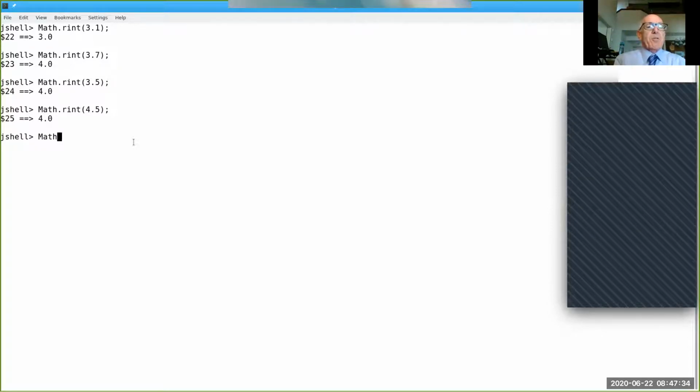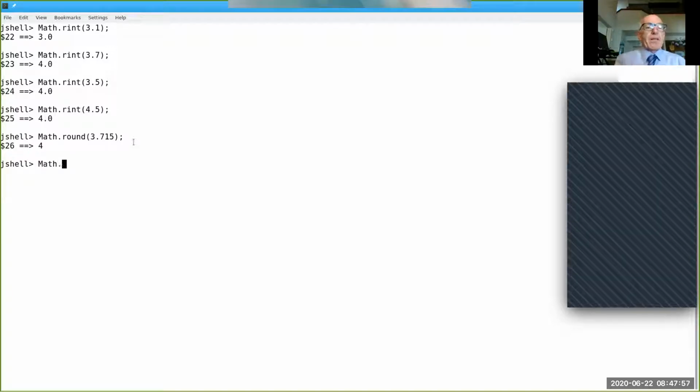Then there is also math.round. And that returns a long, by the way. All of these other ones, ceiling, floor, and rint, all return doubles. Math.round returns a long integer.